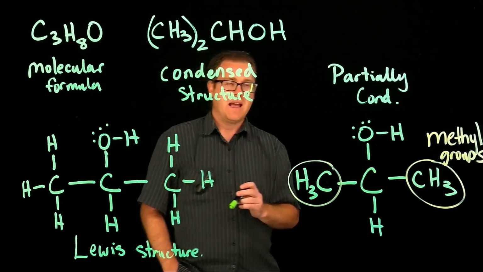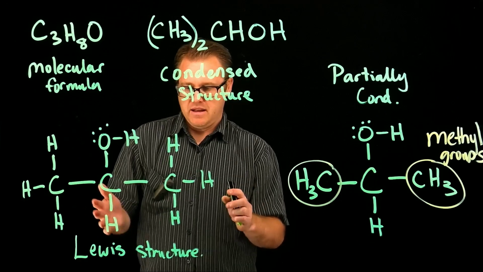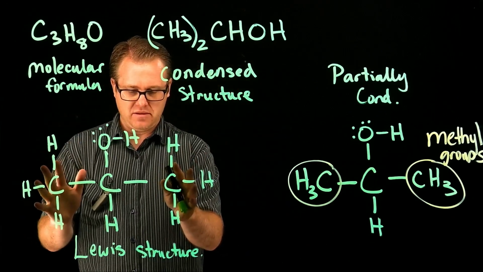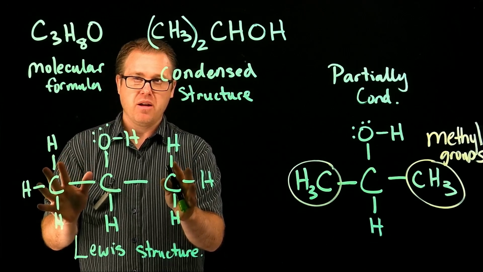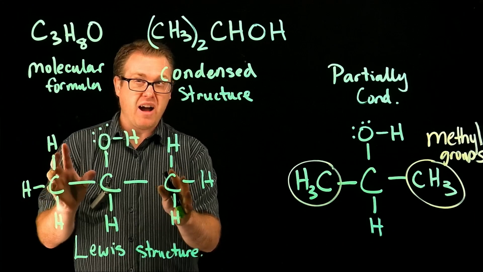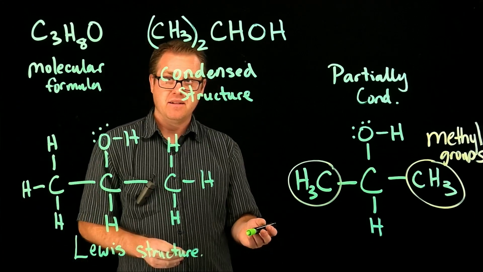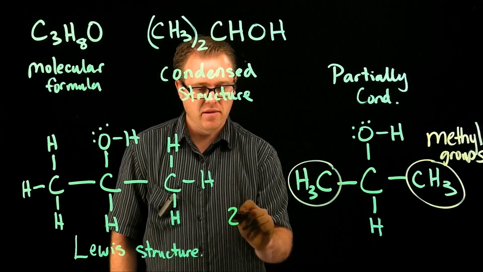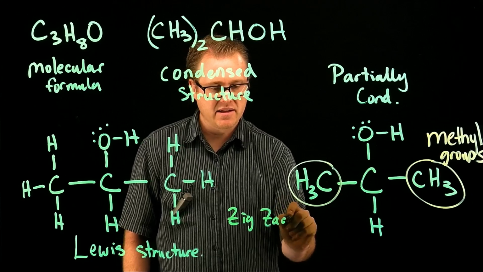And so, in order to give us all the information in this Lewis structure but draw it more simply, we've come up with something called a zigzag structure.